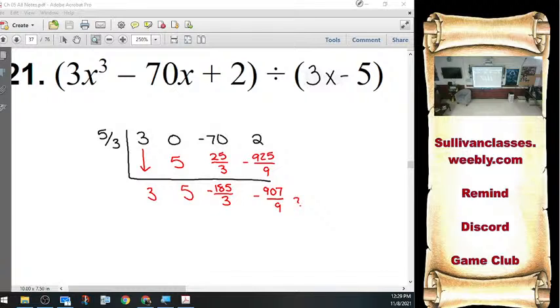Three by 3 is 9. Negative 925 over 9. Because you have negative 185 thirds and then 5 thirds. 3 by 3 on the denominator.